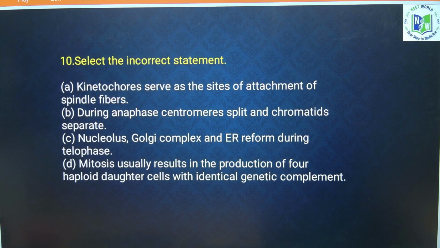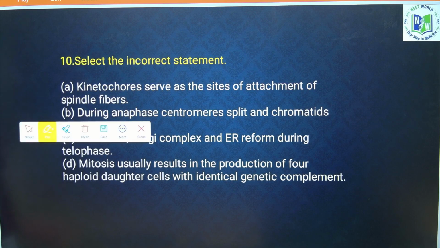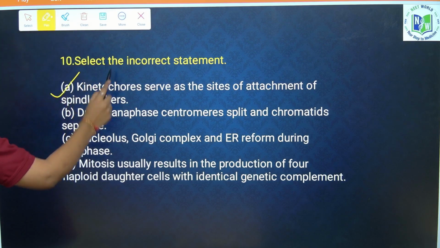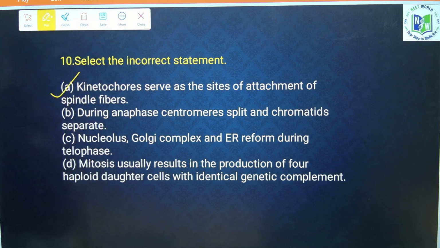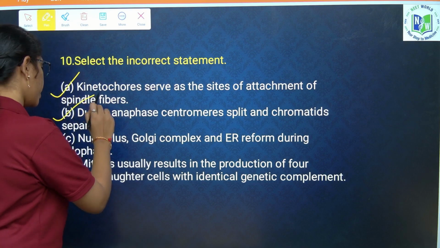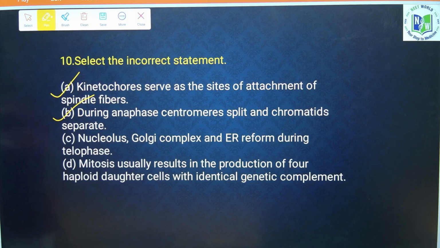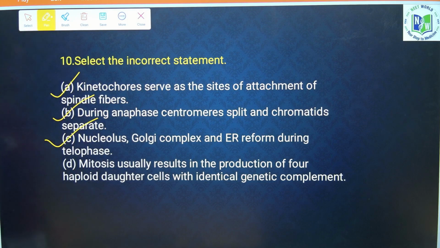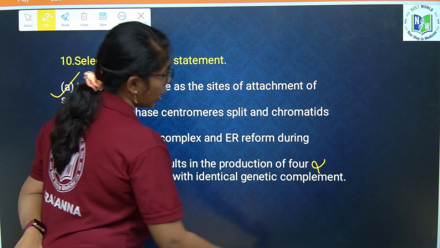Select the incorrect statement. Kinetochores serve as the sites of attachment of spindle fibers. True. During anaphase, centromeres split and chromatids separate. Correct. Nucleolus and Golgi bodies reform during telophase. True. Mitosis usually results in the production of 4 haploid daughter cells. Wrong.